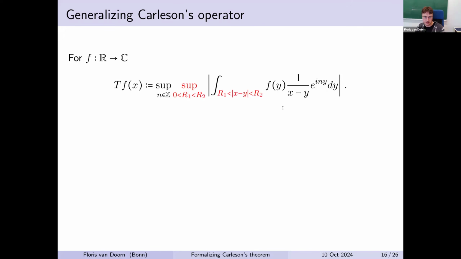So we also cut away at infinity. So what we're actually doing is we're just looking at all the values where x and y are within a range between R1 and R2, and then we just take the supremum over all possible R1 and R2, which are positive real numbers. So that is what my lie was about.